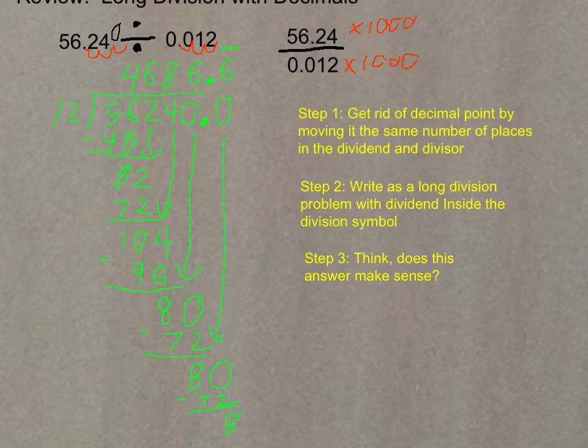And in this particular case, the answer is yes, because just to make 1, here we have, this is 12 out of 1,000. So you have to multiply it by several times just to get to 1. So to get all the way to 56.24, it makes sense that we're going to need a big number.